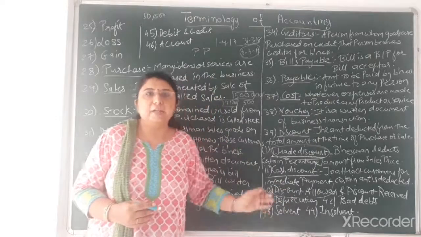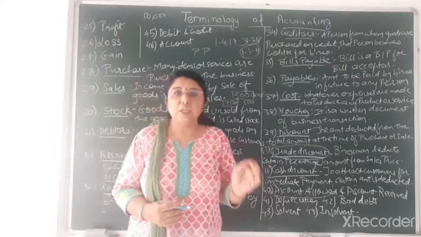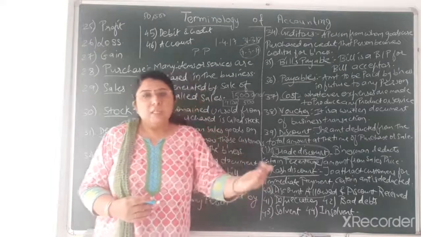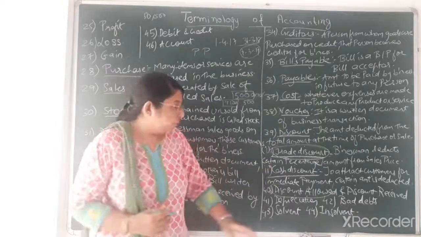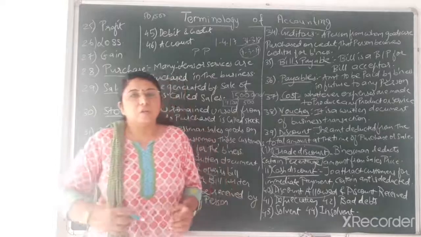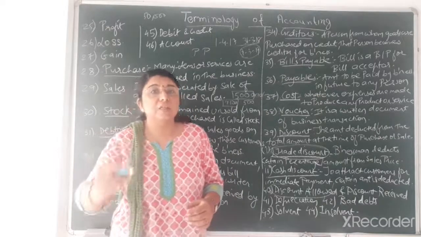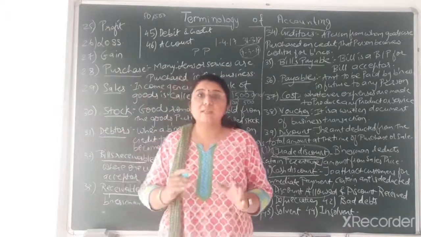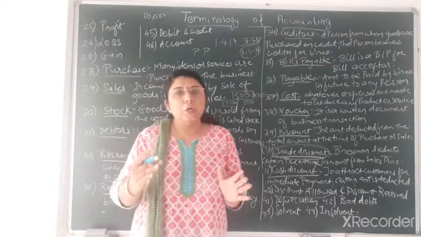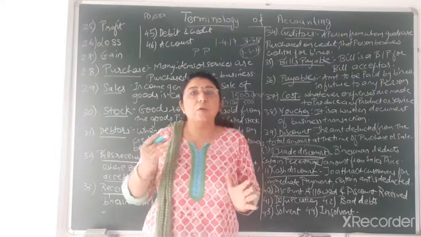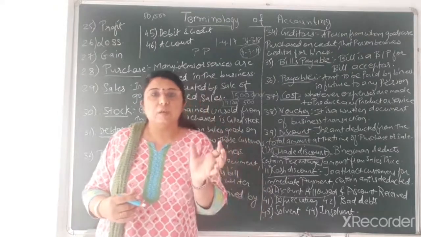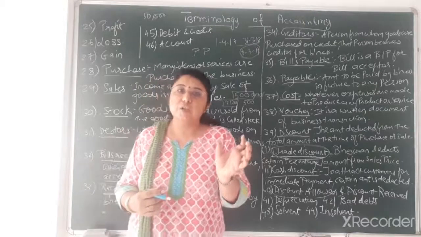It means that kind of solvent firm has a very good goodwill or reputation in the market, seeing its financial status. And insolvent or insolvency means the person who has declared himself insolvent, who does not have a sound financial position. He is not able to make his payments on a regular basis because of inefficiency or lack of proper financial income.